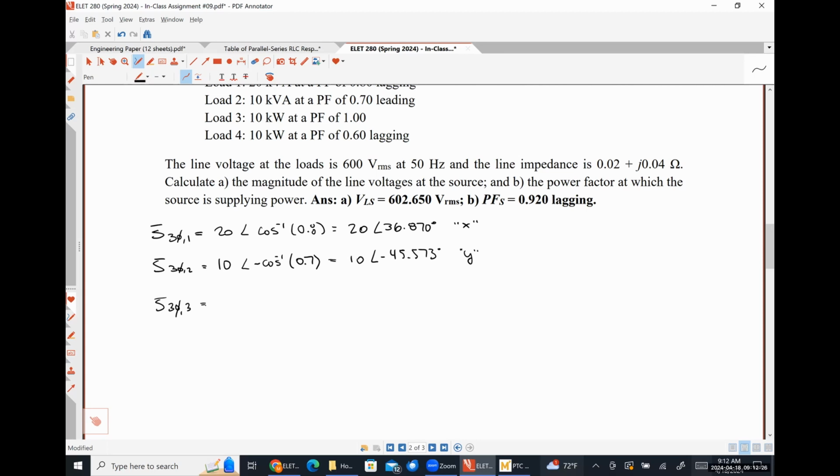So we would do 10 over 1 angle inverse cosine of 1, which is just literally going to be 10 angle 0 degrees. I'm storing this as Z. Excuse me, sorry. Average over power factor, correct.